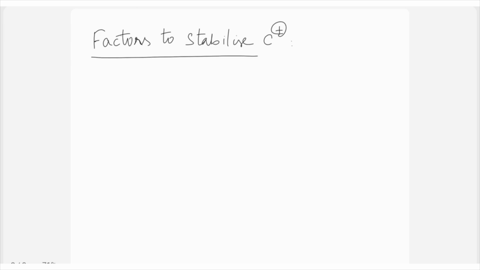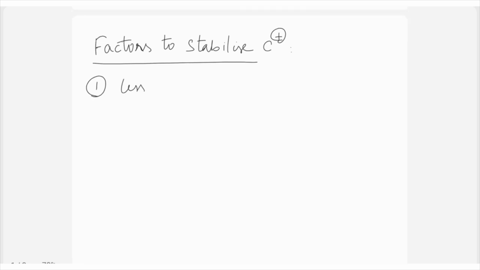Now let us see what factors are going to stabilize the carbocation. First is the less electronegativity of carbon. Suppose the electronegativity on the carbon is less, for example CH3-CH2 plus. Now this is said to be more stable compared to the vinyl carbocation.